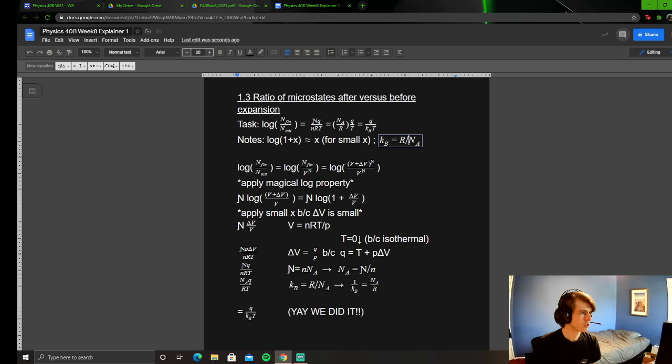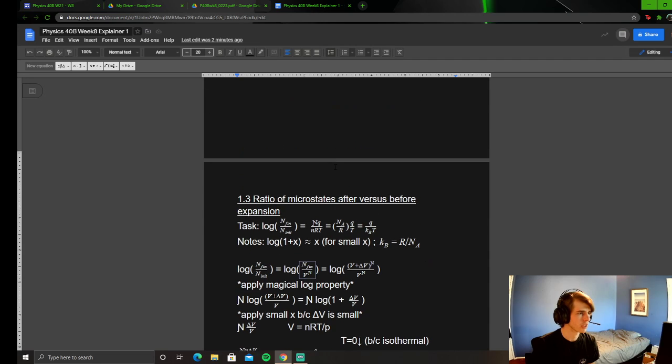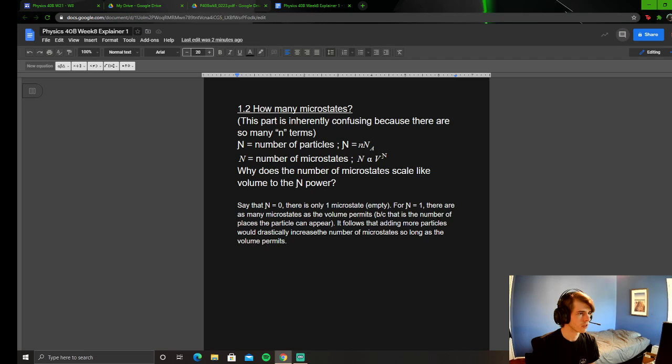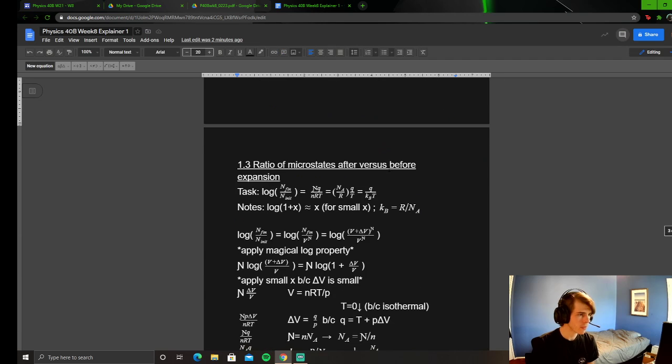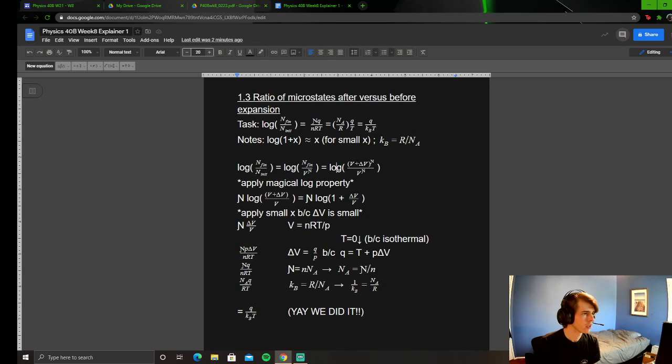So first things first, we can start by substituting in the n init with this expression on the bottom, volume to the squiggly n power, because of this expression. From there, we know that the final number of states is dependent on the previous volume as well as the change.